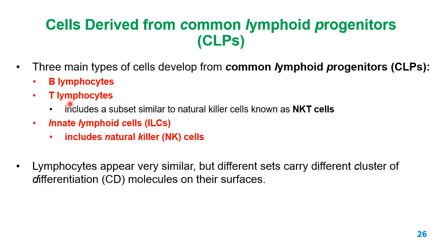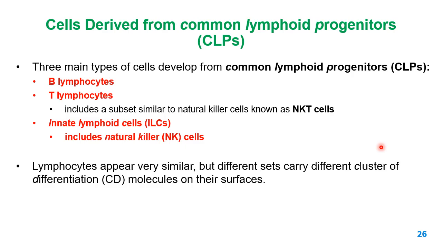You do have a certain variation of a T cell that is called innate lymphoid cell. When we get to differentiation of natural killers or innate lymphoid cells, we're going to mention more about that. But mainly B, T, natural killer, that's pretty much it.